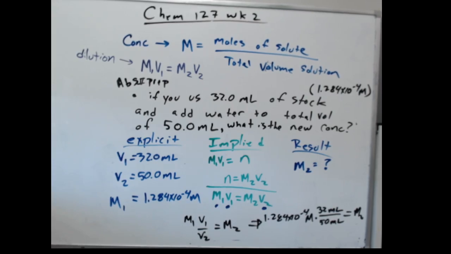Now, funny thing is, if we left this as 128 micromolarity, our answer would just be in micromolarity, right? The same units would persist. So this is one of the funny things that we haven't gotten into with units too much yet. And I really don't get deep into it until third quarter chemistry.